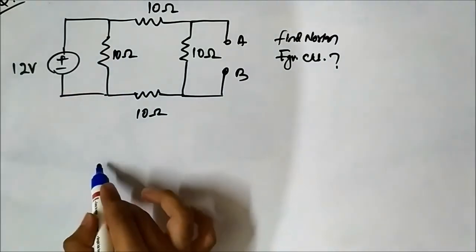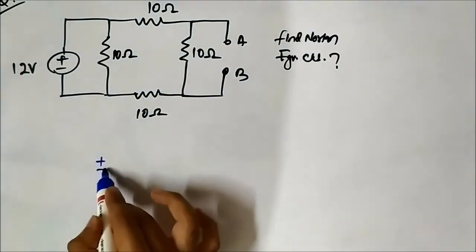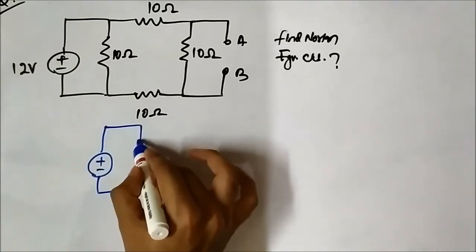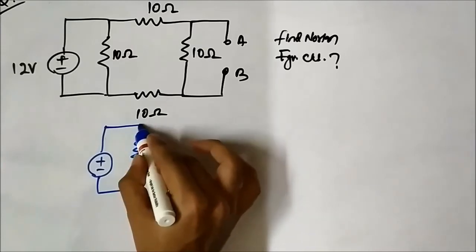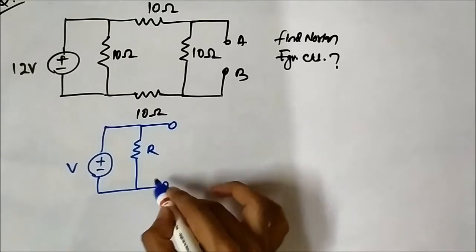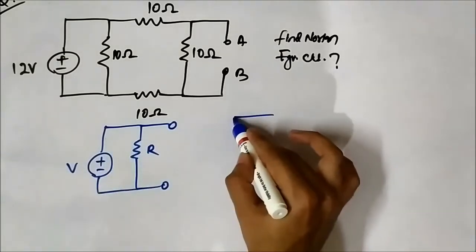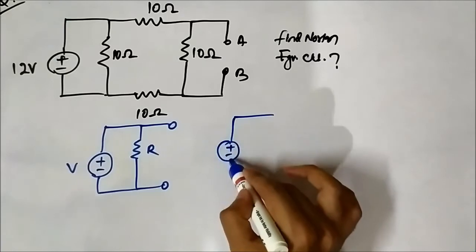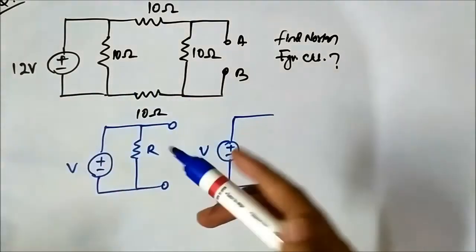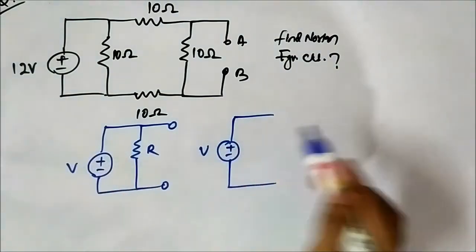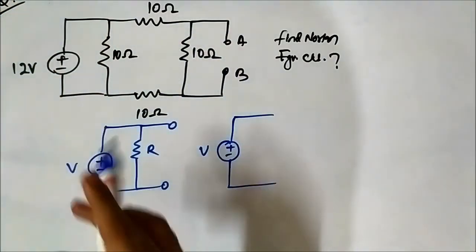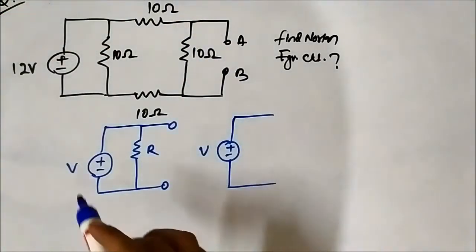What I'm trying to say is that when you have a resistor connected in parallel across a voltage source, we can replace this with only the voltage source, because the voltage across the two ends of the resistor will be the same, V.